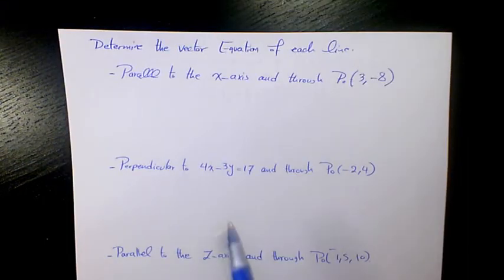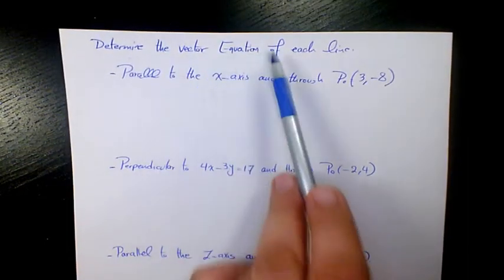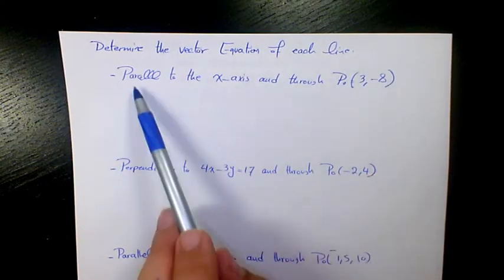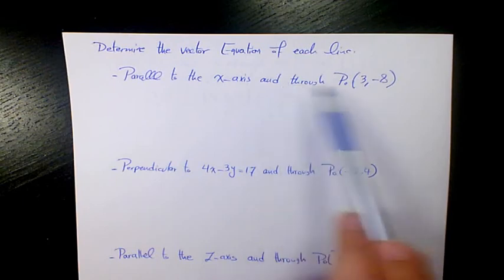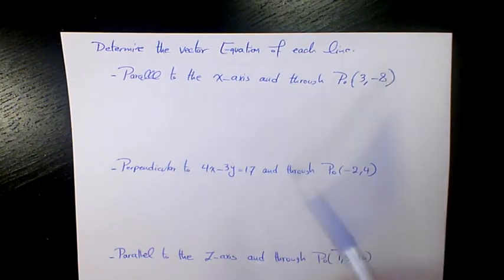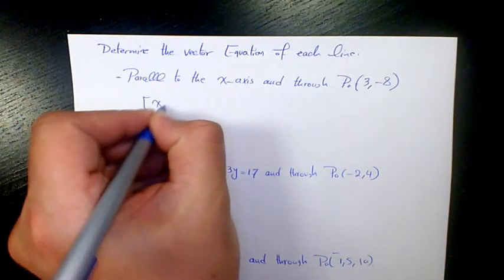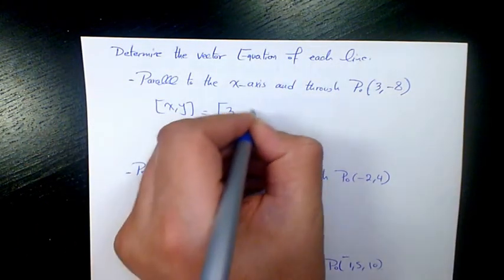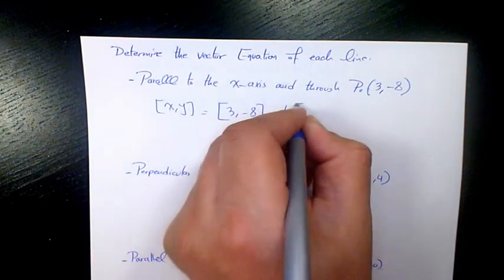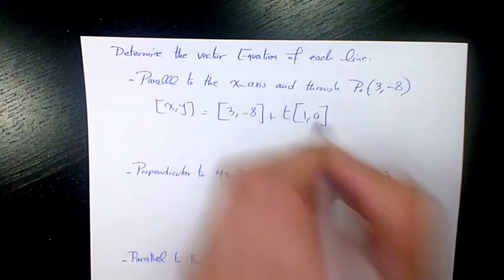So in this example, it says determine the vector equation of each line. A line which is parallel to the x-axis and through the point (3, -8). So we can say (x, y) equals, it's going through (3, -8) plus t times (1, 0).